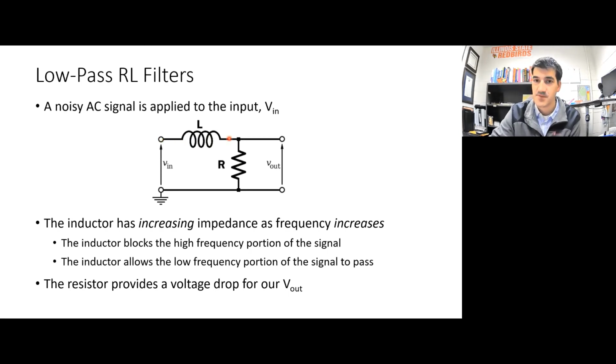Only the lower frequency components of the signal are allowed to get through the inductor and make it over to this point right here. The only point of this resistor is to provide a voltage drop, and we can take our output across that voltage drop. That's where our output is measured. So that output is going to have most of the high frequency components removed from the input signal.